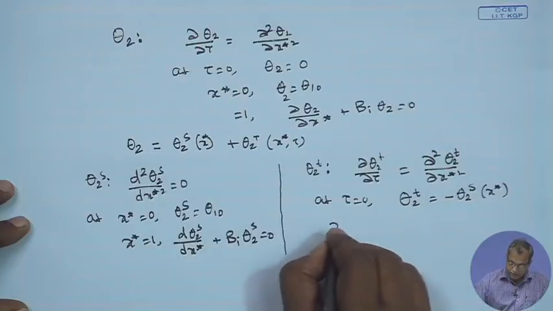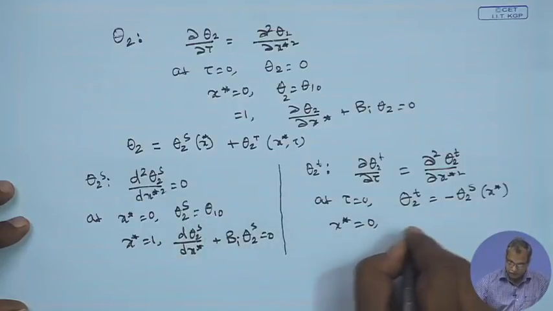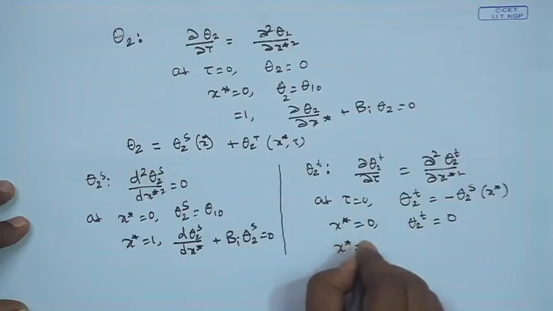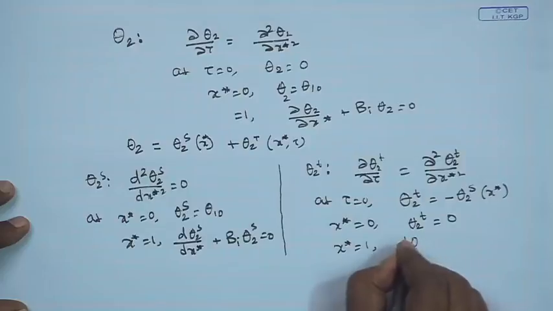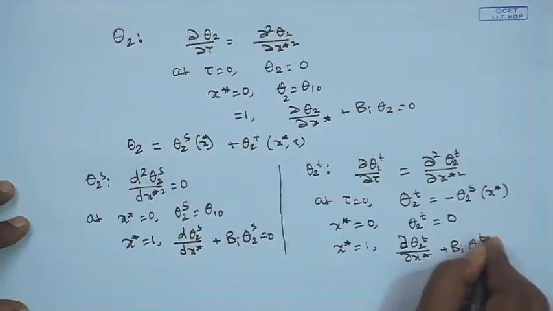At x* equal to 0, since we have associated the non-homogeneous boundary condition with the steady state solution, θ2t will become homogeneous, and at x* equal to 1, this becomes ∂θ2t/∂x* plus Bi θ2t equal to 0.